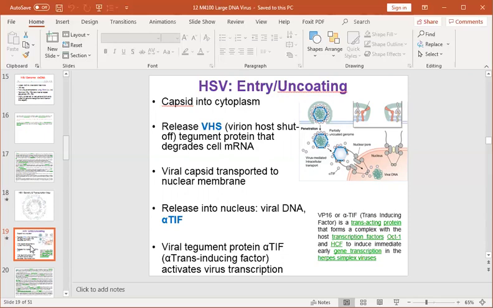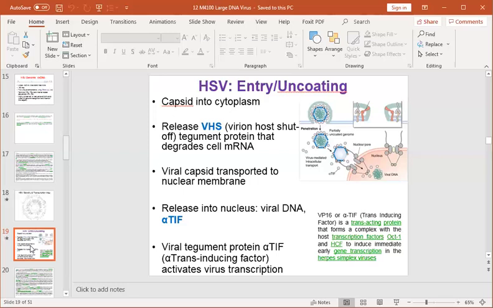This tegument is called VHS, virion host shutoff. So what does it do when the capsid gets into the cytoplasm? The capsid gets in, releases the tegument VHS, and the tegument degrades host cell messenger RNA.